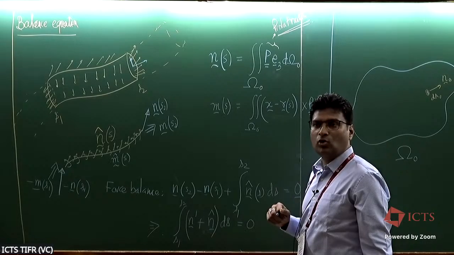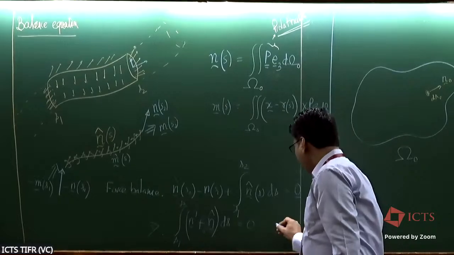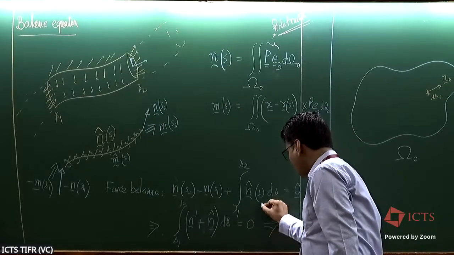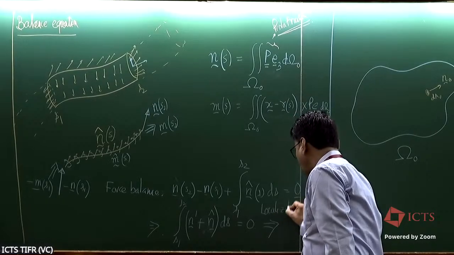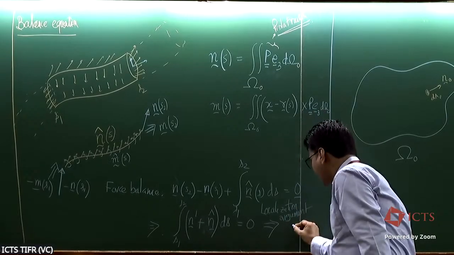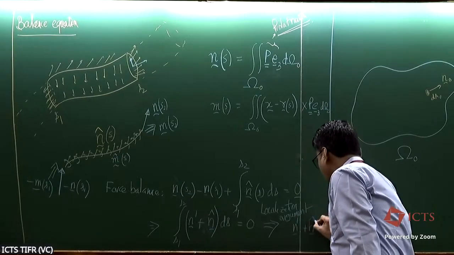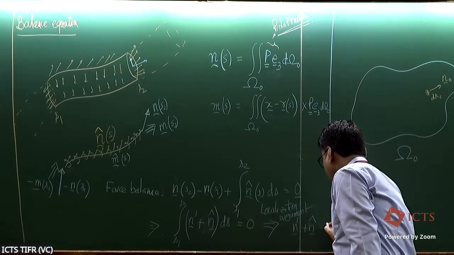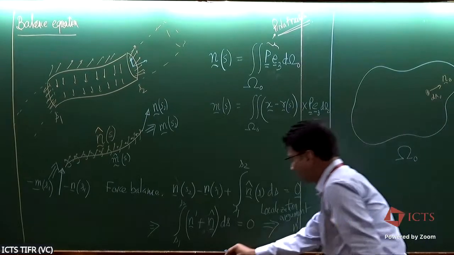That's called the localization argument in continuum mechanics. So using the localization argument, what you get is n prime plus n hat is equal to 0. So that's one of the equations which we have derived for the rod.